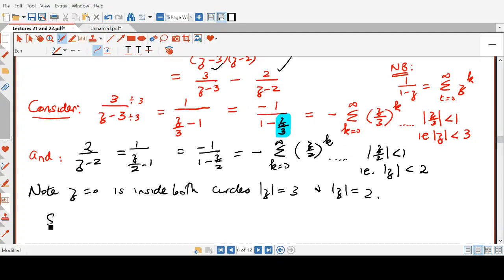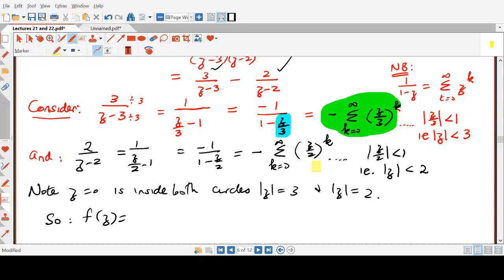So in conclusion, I can say f of z is the first guy, this one here, this minus this, green minus the yellow, that minus that, and that's the series that we require.